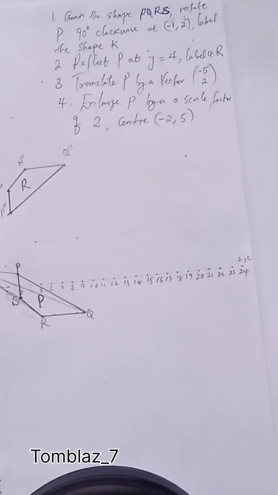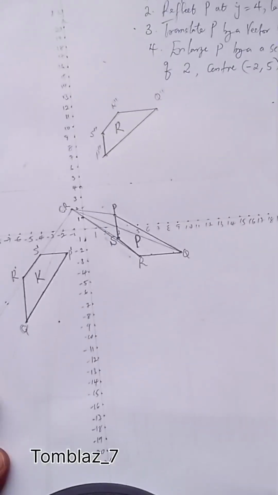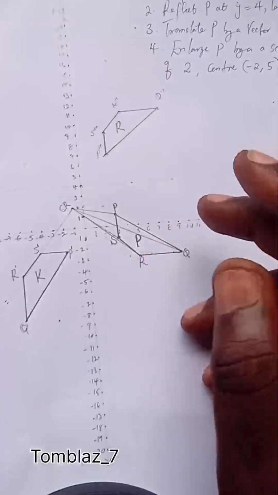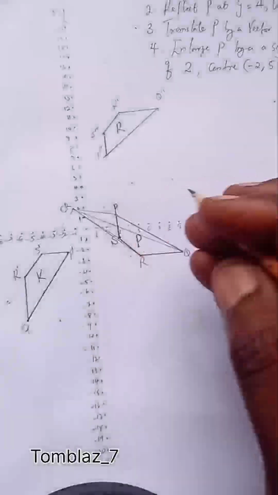Okay, the next question. They say we should translate P by a column vector minus 5 and 2. Right, first, we have to get all the vertices of P, the shape P first. Then we apply the translation.